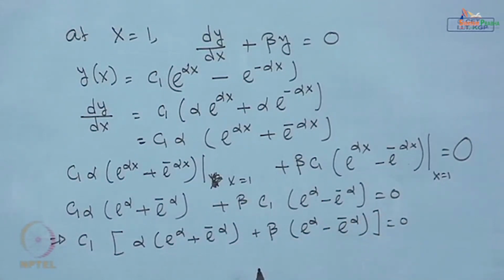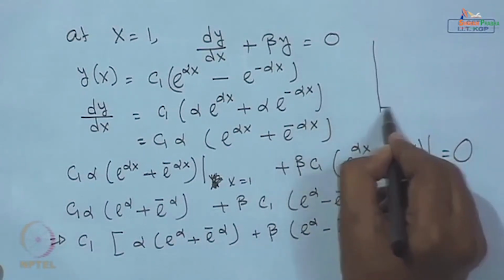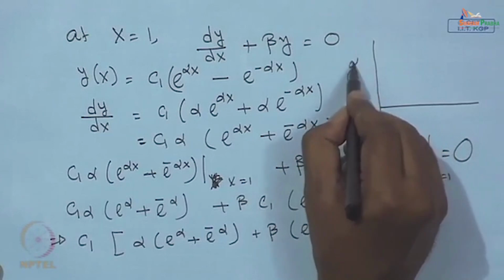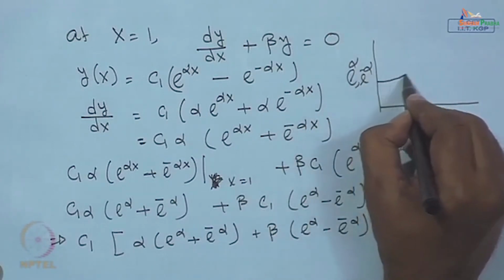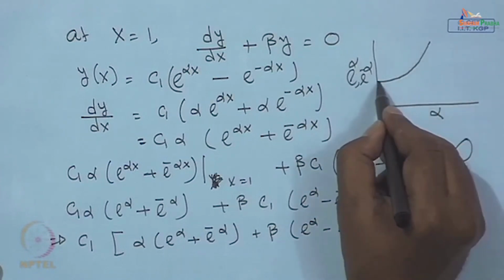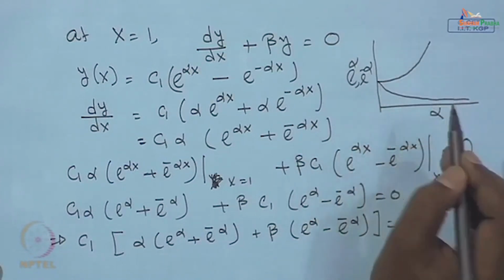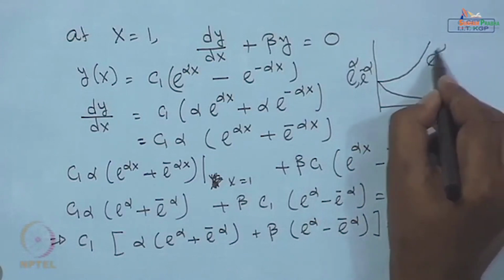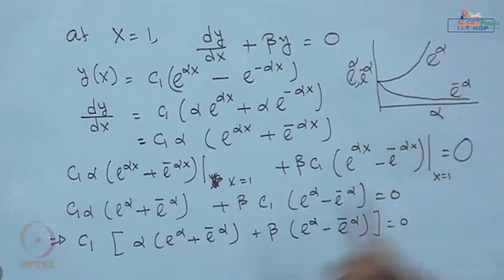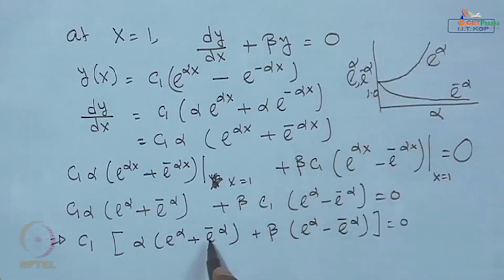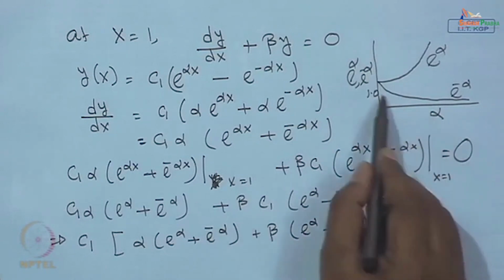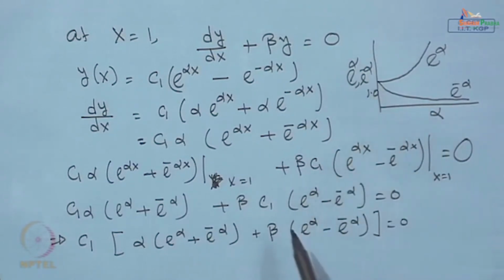Now, as we have argued earlier, if we look into the variation of e to the power alpha and e to the power minus alpha with respect to alpha, this is the variation of e to the power alpha and that is the variation of e to the power minus alpha. So, therefore, e to the power alpha is always positive, having a minimum value 1, and e to the power minus alpha is always positive with a maximum value of 1.